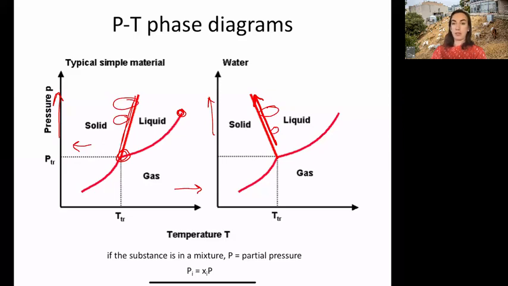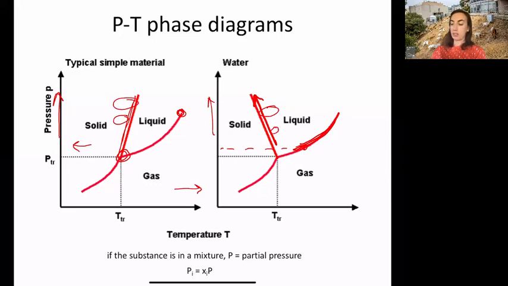So if I told you that water is in a mixture with air, so we're doing a sort of humidity problem, for example, those come up a lot, then at the solid liquid interface, instead of the total pressure being whatever you read off of the y-axis here, the partial pressure of water at the point that water will start to condense out of the vapor phase is what you read off the graph here.